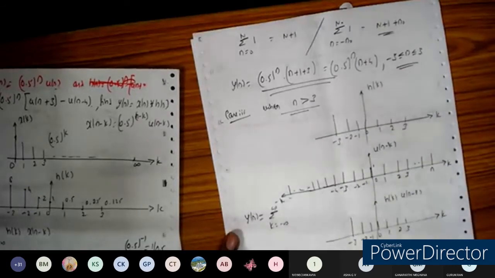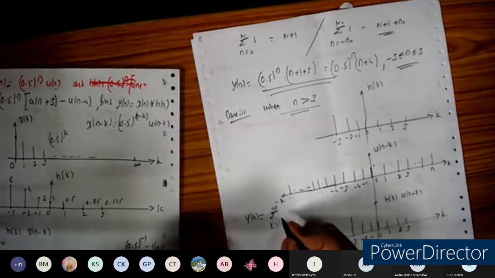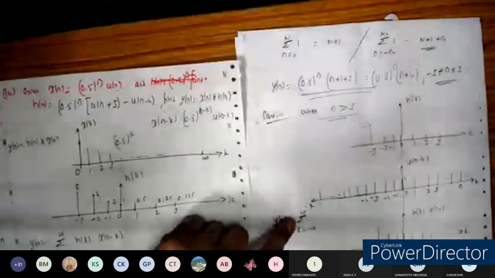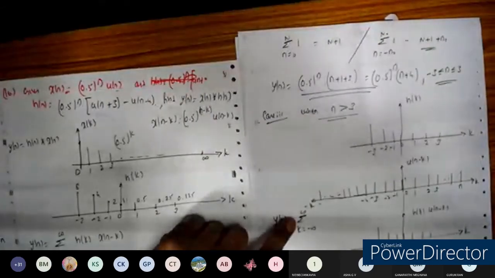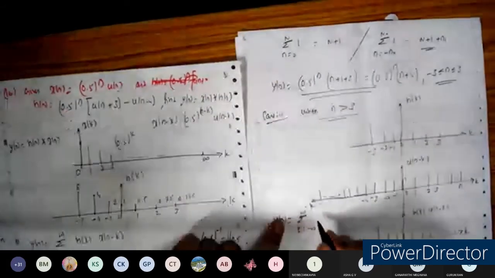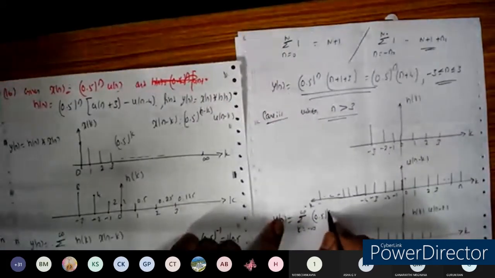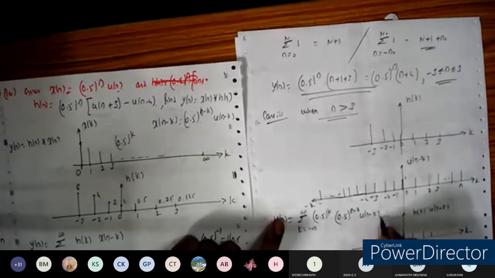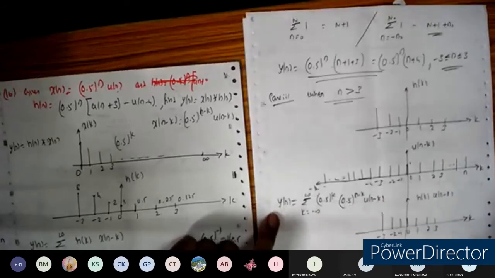Let us write the generalized formula. The value of this one is 0.5 to the power of k for the h of k, and for the x of n it is 0.5 to the power of n minus k into u of n minus k.